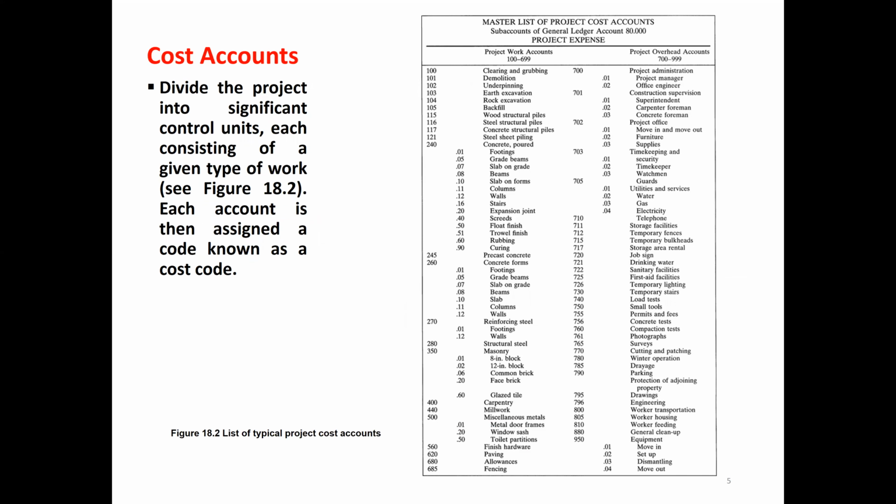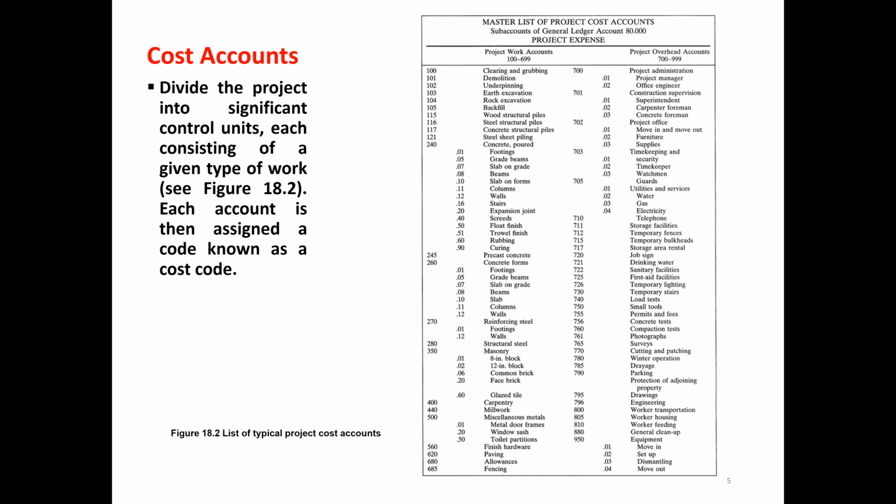Now, we establish cost controls. So we are going to divide the project into significant control units, each consisting of a given type of work, like in this figure. Each account is then assigned a code known as a cost code.